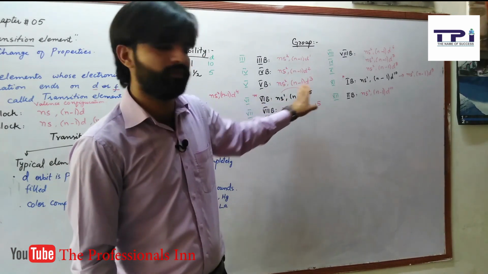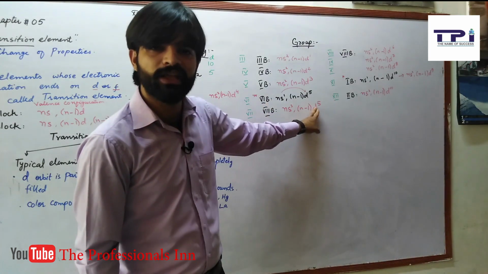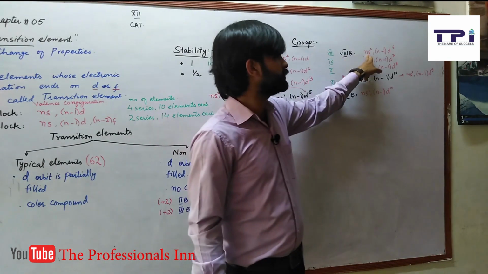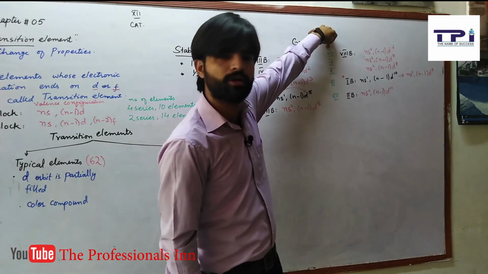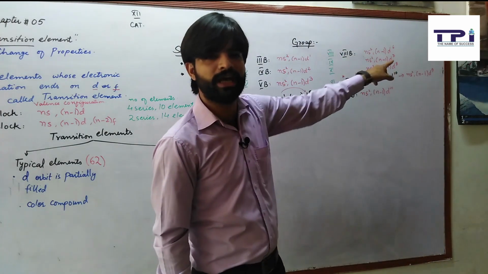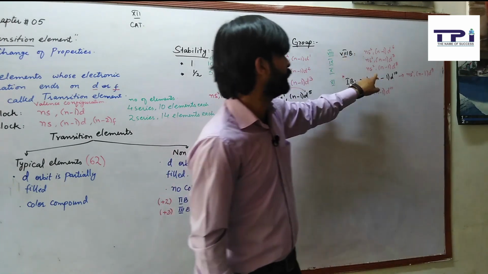S1, D5, 5 plus 1, 6. S2, D5, 5 plus 2, 7. S2, D6, 8b, also known as group 8. S2, D7, 2 plus 7, you are going to have 9, which is also 8b.